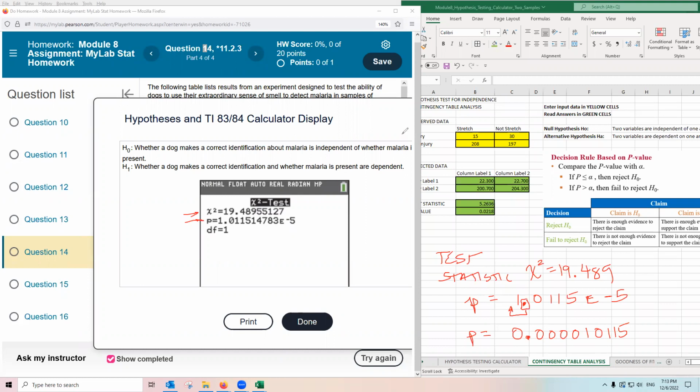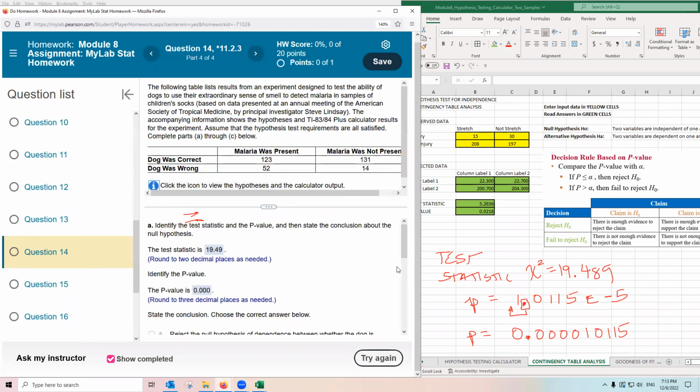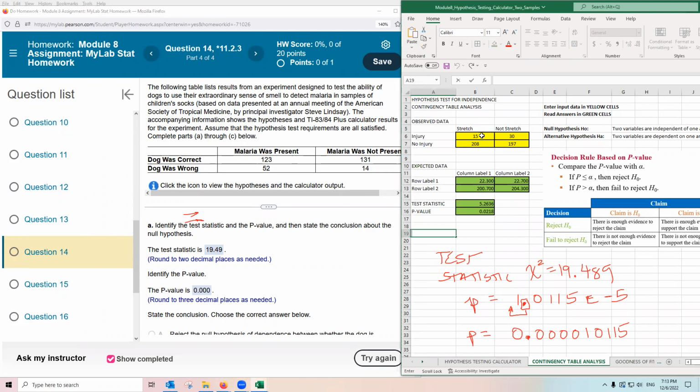Now, I could have typed these numbers into my Excel calculator to get the same results, or I could just use this calculator output. I'm going to type it here just to see if our calculator gives us the same results. I'm going to put 123 here, 52 here, 131. I'm just copying these numbers from my labs into the yellow boxes here. And notice we get the same test statistic and the same p-value. So the test statistic is 19.49. The p-value is 0.